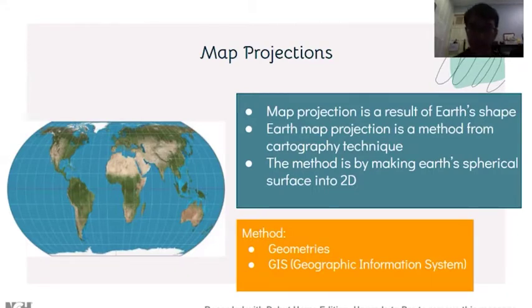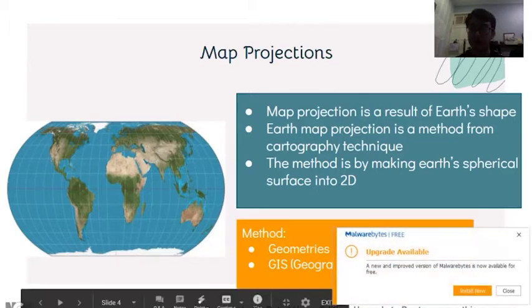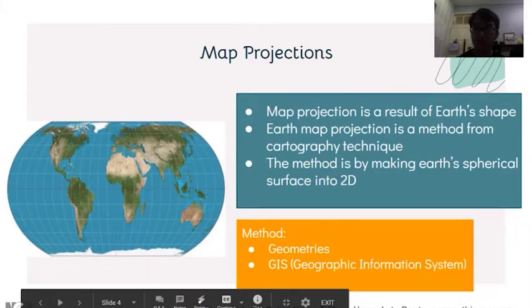Next is map projection. Map projection is a result of Earth's shape. Earth map projection is a method from cartographic technique. The method is by making Earth's spherical surface into 2D.